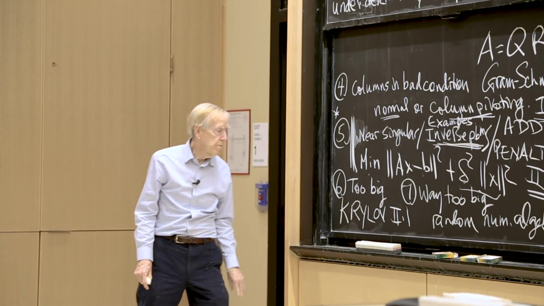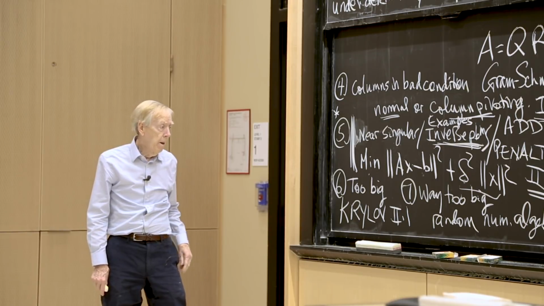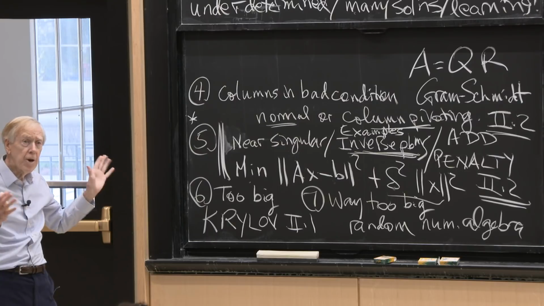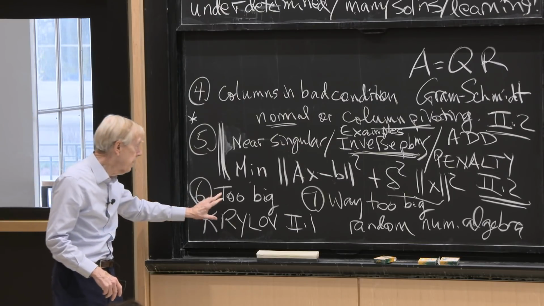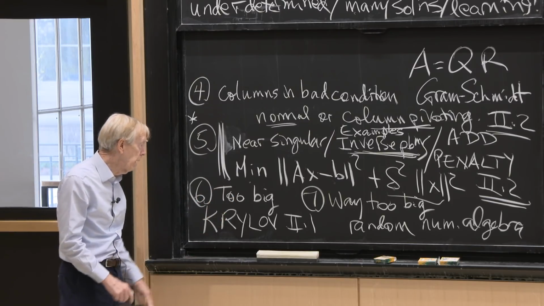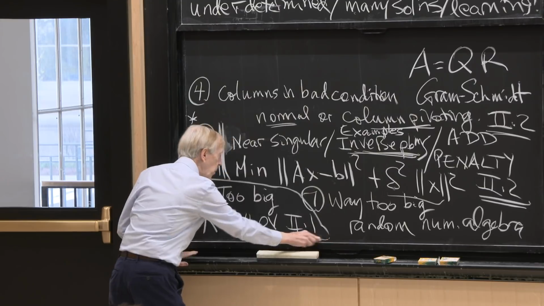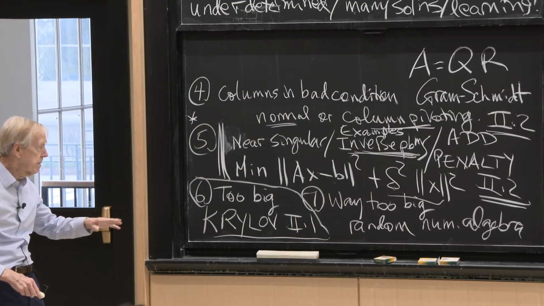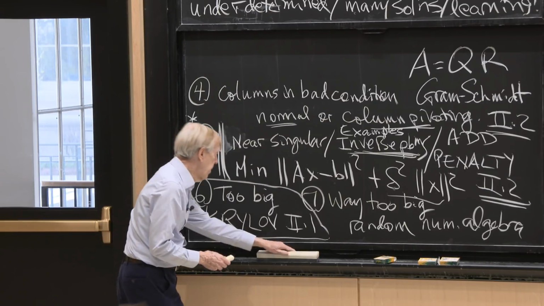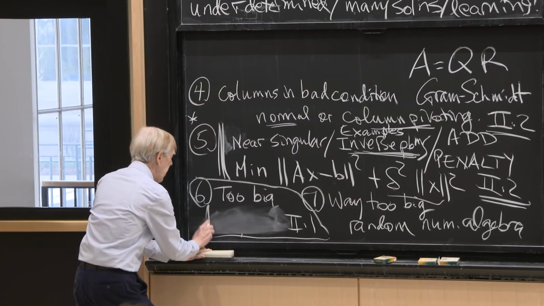Okay, so when the problem is too big, so up to now the problems have not been giant, out of core. But now when it's too big, well, maybe it's still in core but really big, then this is in 2.1, so that's to come back to. The word I could have written in here if I was just going to write one word would be iteration.